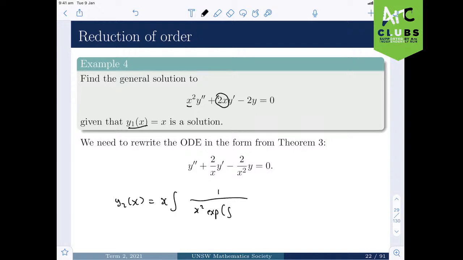Wait, no, not that. This one. dx. And that is x times the integral of 1 over x squared times the exponential of the integral of 2 over x, and 2 over x integrates to 2 ln x.